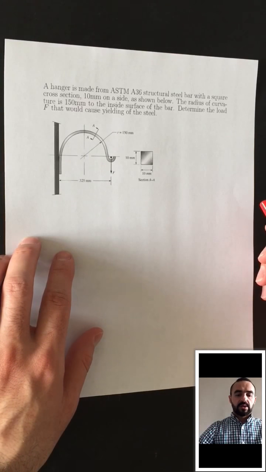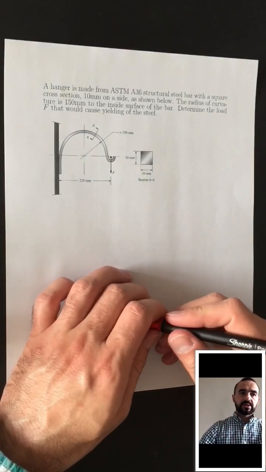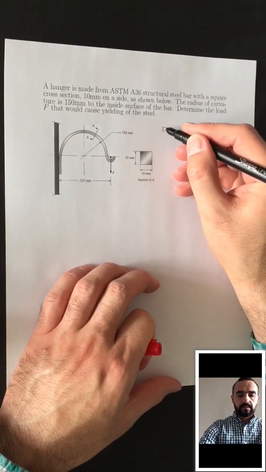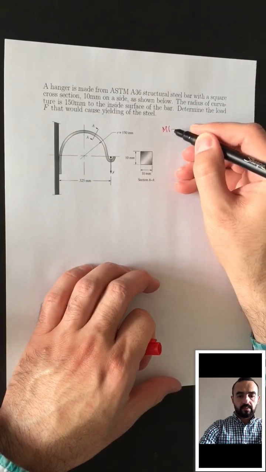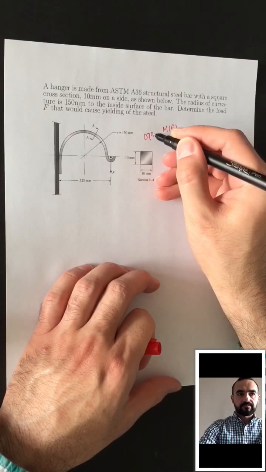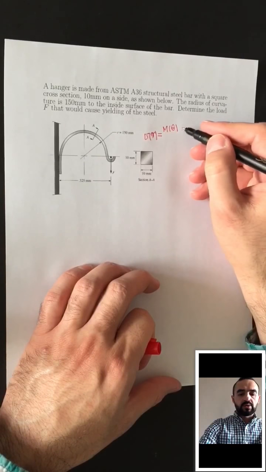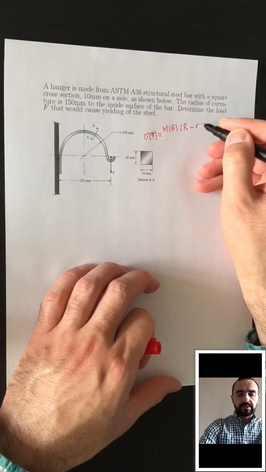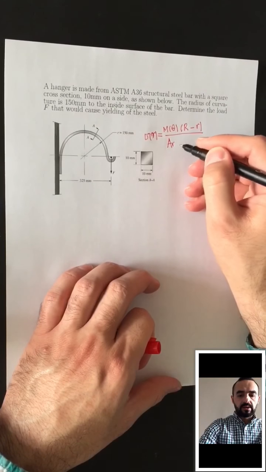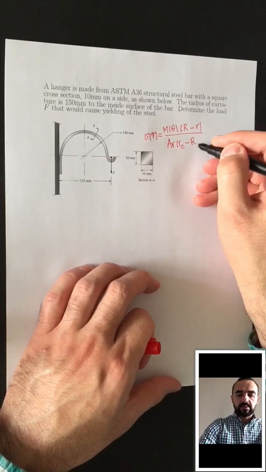stress computation. The relationship we have for computing stress in curved beams is sigma r equals M theta (capital R minus r) over A r (rc minus R).